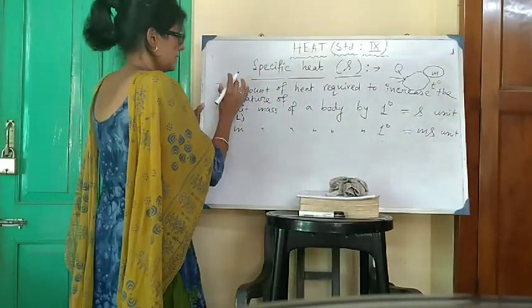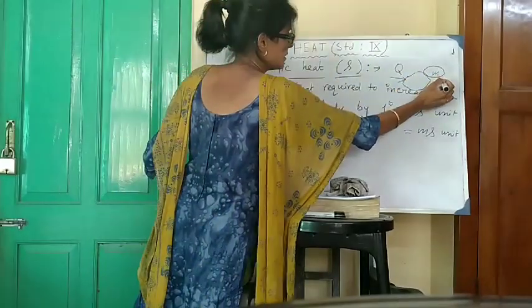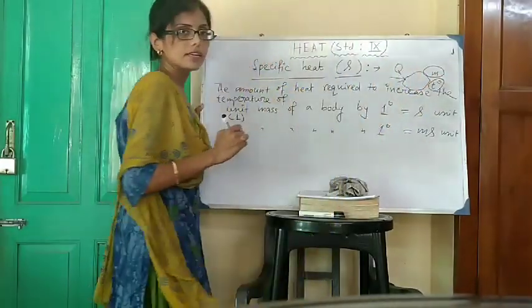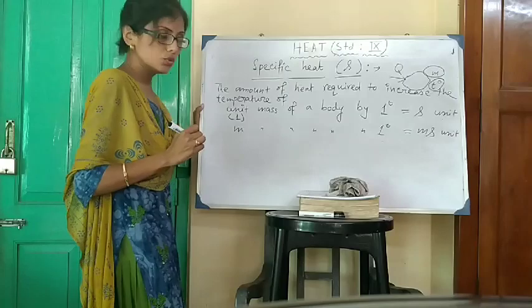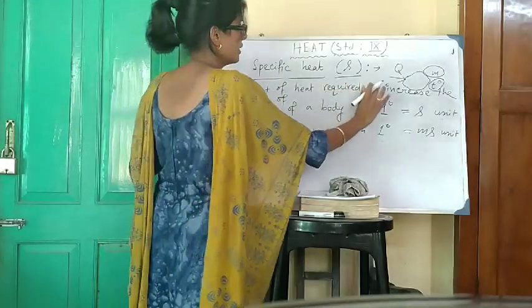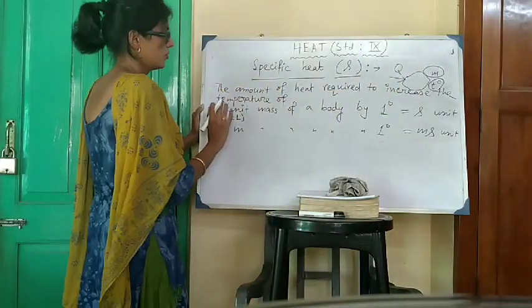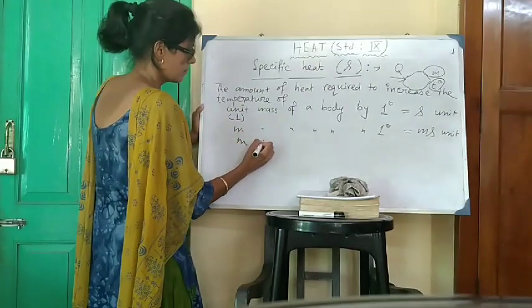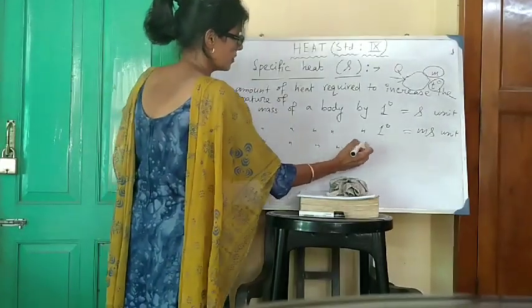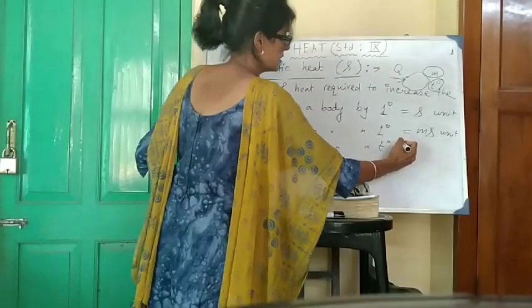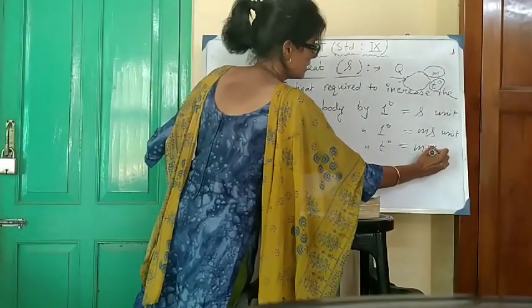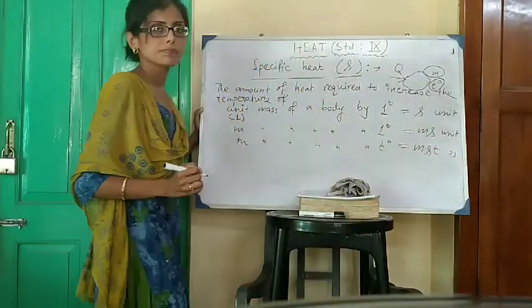Next, the temperature increase of the body is T degree. So the amount of heat required to increase the temperature of m mass of the same body by T degree is equal to mst unit.